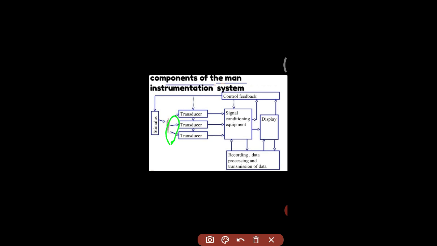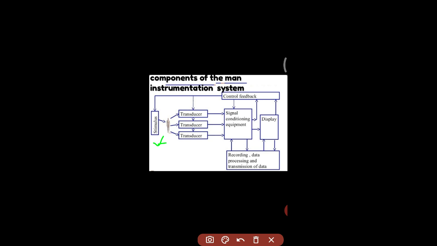Then the second one is the stimulus. What do you mean by the stimulus, and what are the different types of stimuli that exist? A response to some form of external stimulus is required.